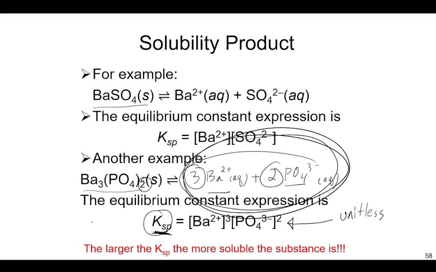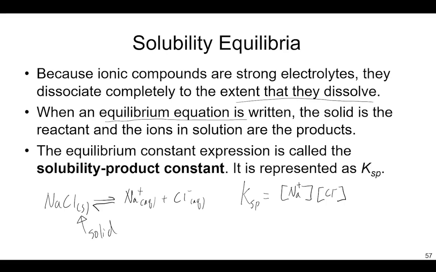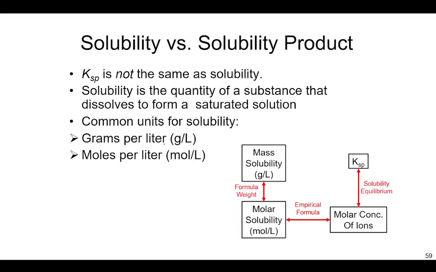And this KSP is not solubility. It is the solubility product constant. Remember, solubility does have units of grams per liter or moles per liter. So there are many ways to characterize the amount that will dissolve and the amount of ions you will have in said solution. One is KSP, the solubility product constant.